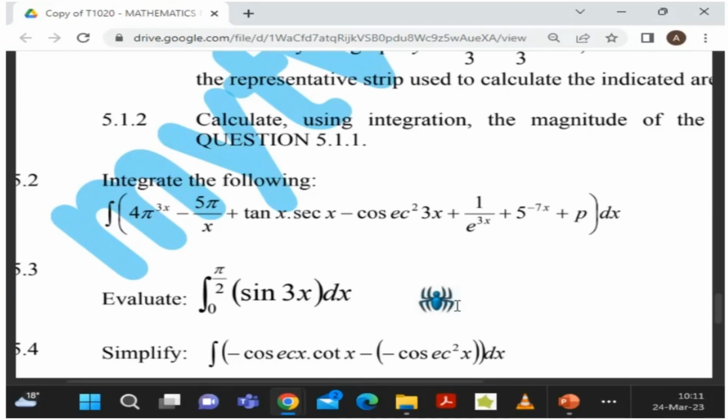You can integrate that one using rule number 4. The first one was constant, the second one was powers. Using rule number 4, you can integrate that one.